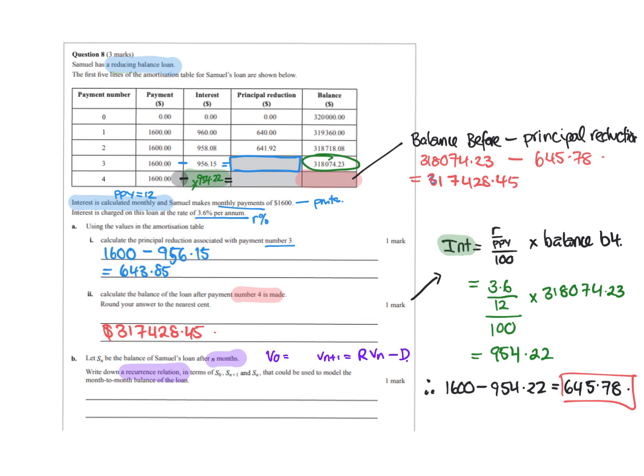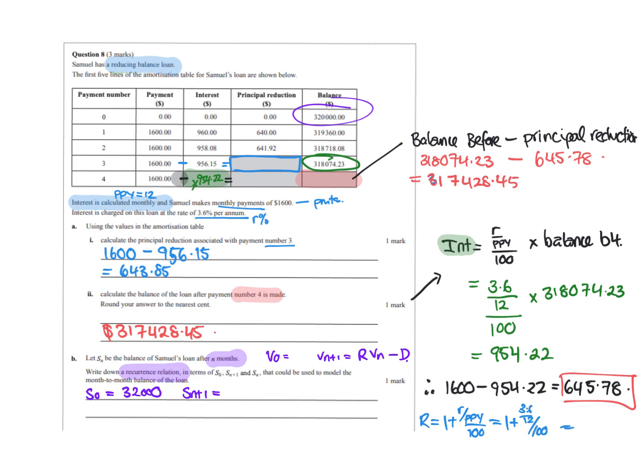Let's just go do it. What you would be doing is you just have to use SN. So S0 was 32,000, because I can see up here. And then S(N+1) equals, you would have worked out that R value, and the R value will be 1 plus the rate over PPY over 100. So it would be 1 plus the 3.6 over 12 over 100.